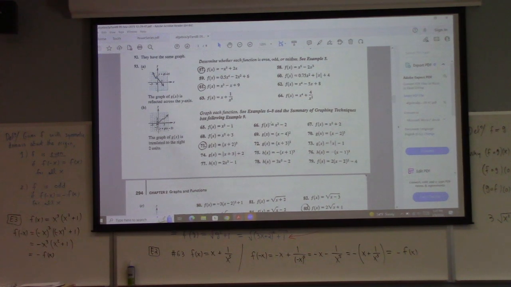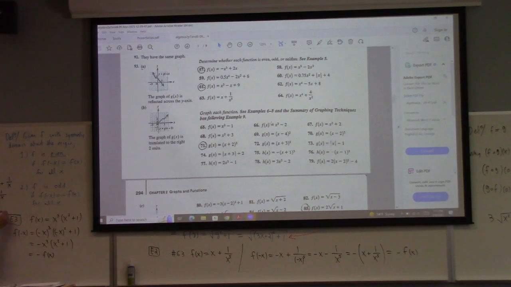Now, there are other functions, like example 4 here. If we look at f of x equals, say, x squared plus 1 over x, what's f of minus x? So that's x squared minus 1 over x, right?